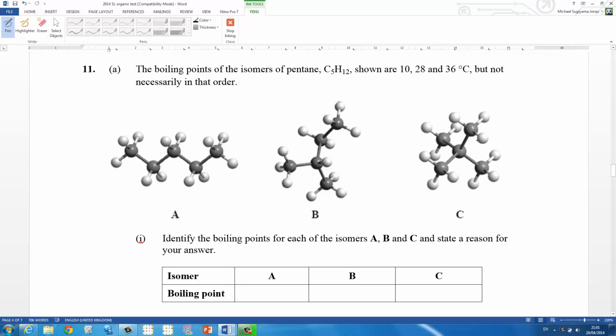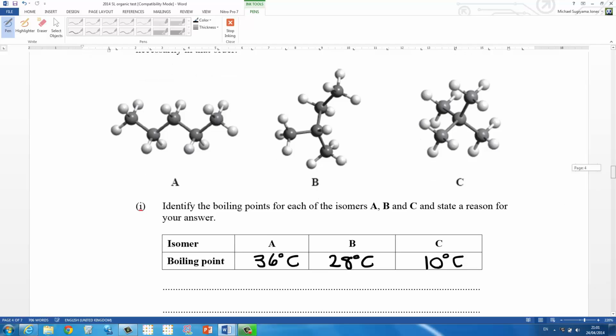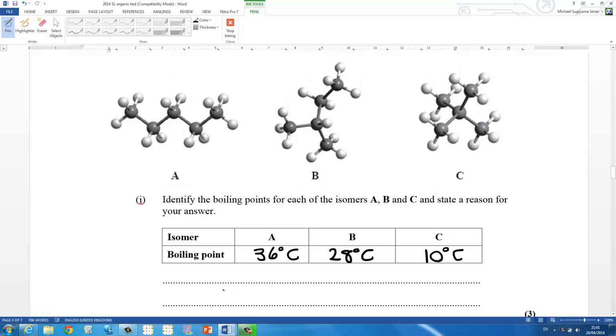So the weaker van der Waals forces, so it has a lower boiling point. So C is going to be 10 degrees. And then B is more branched than A, so it'll have the lower boiling point. So that's going to make that 28 degrees. And then because this is the straightest isomer, that will be the highest boiling point, so that's 36 degrees.